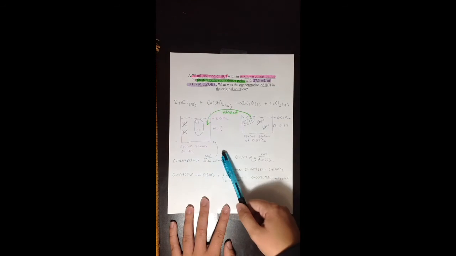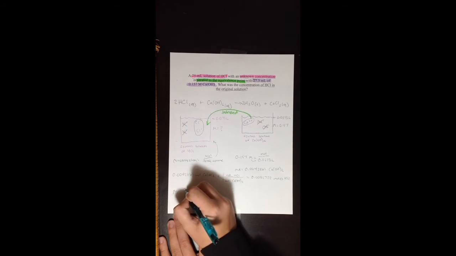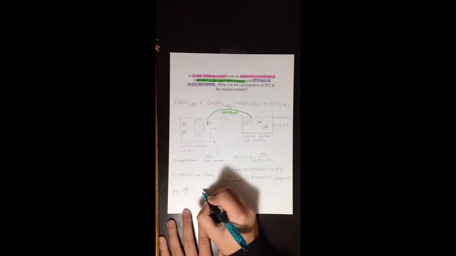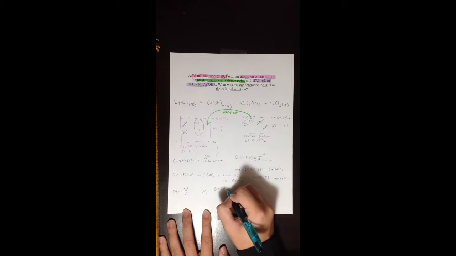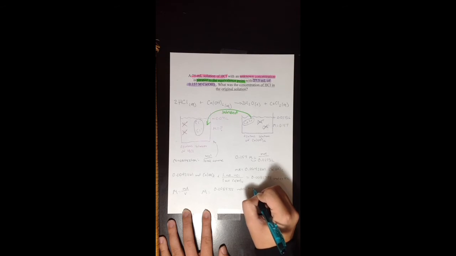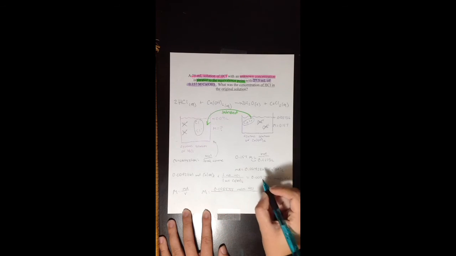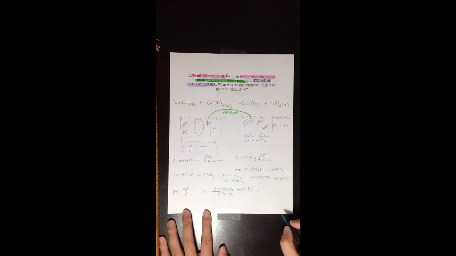Now that we've converted into our equation of moles of HCl, we have the moles for this equation here, the original solution. So we're going to take moles as well as the total volume to solve for the concentration of HCl. So again, concentration equals moles over volume. So what we're going to do is concentration equals 0.0085722 moles of HCl over the total volume of 0.075 liters.